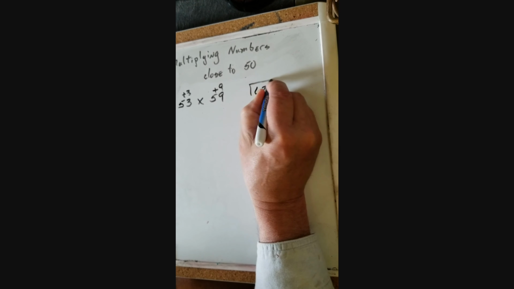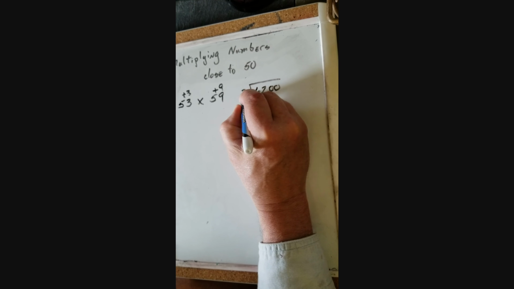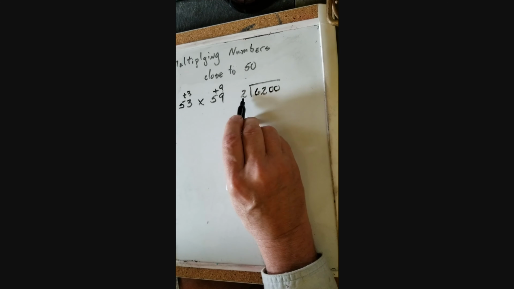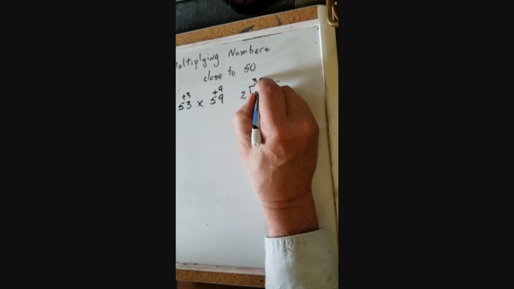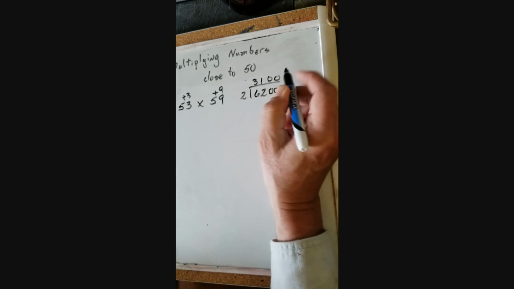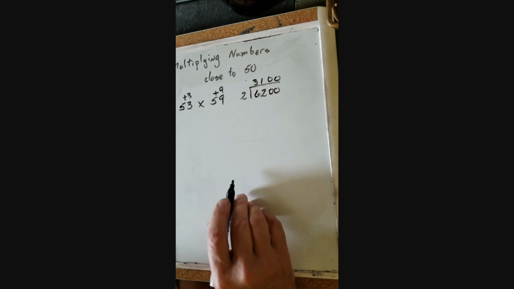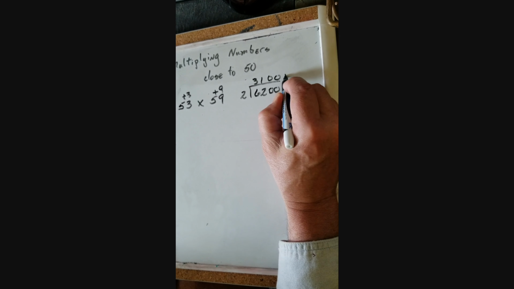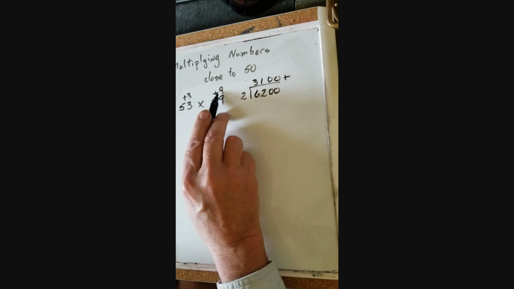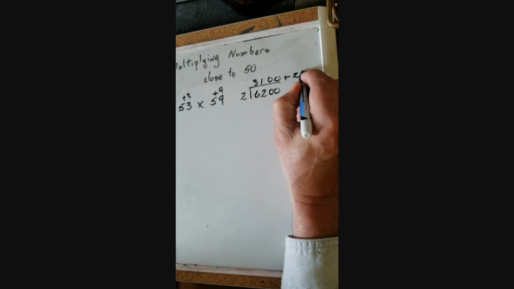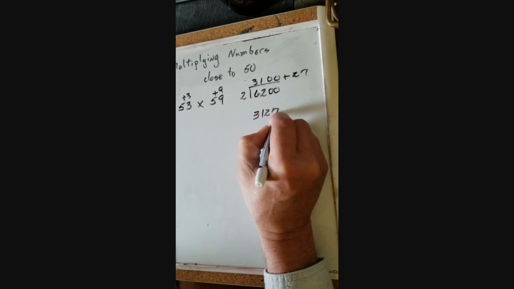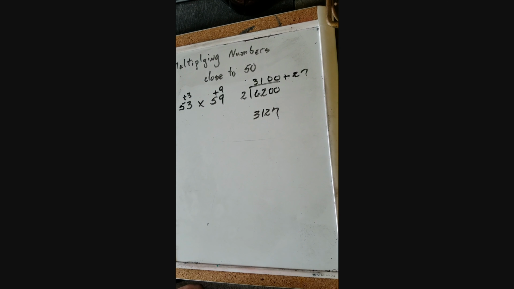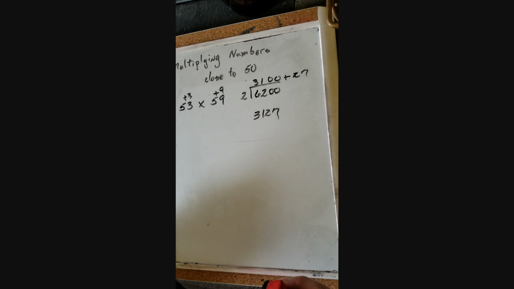And then divide by 2. 2 goes into 6 3 times. 2 goes into 2 1 time. 3,100 plus 3 times 9, which is 27. So 3,127 is our answer.